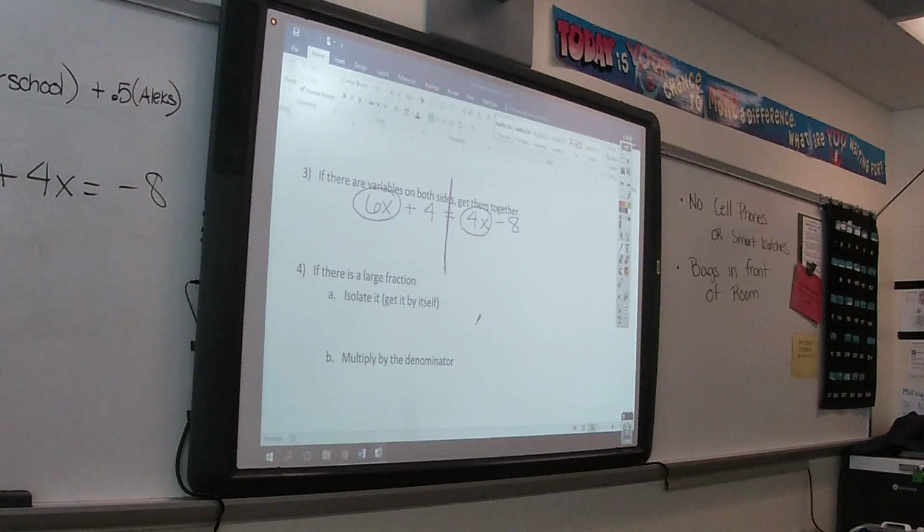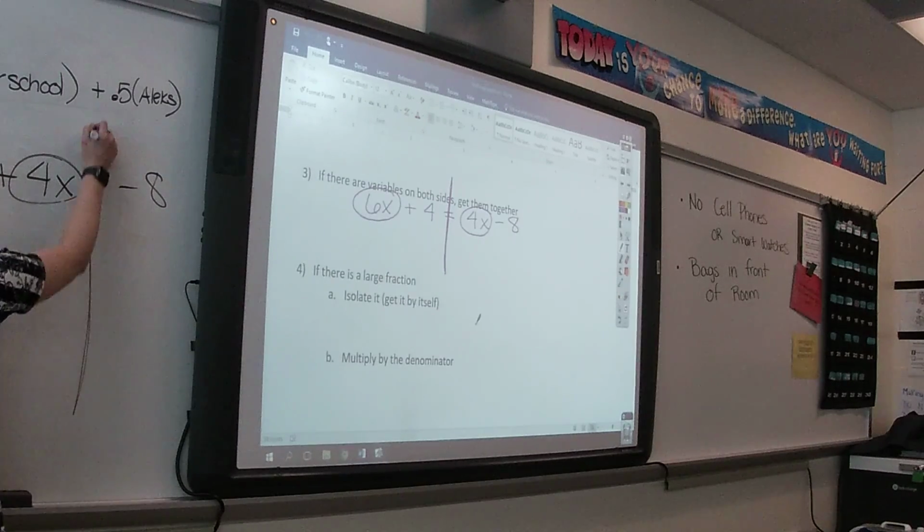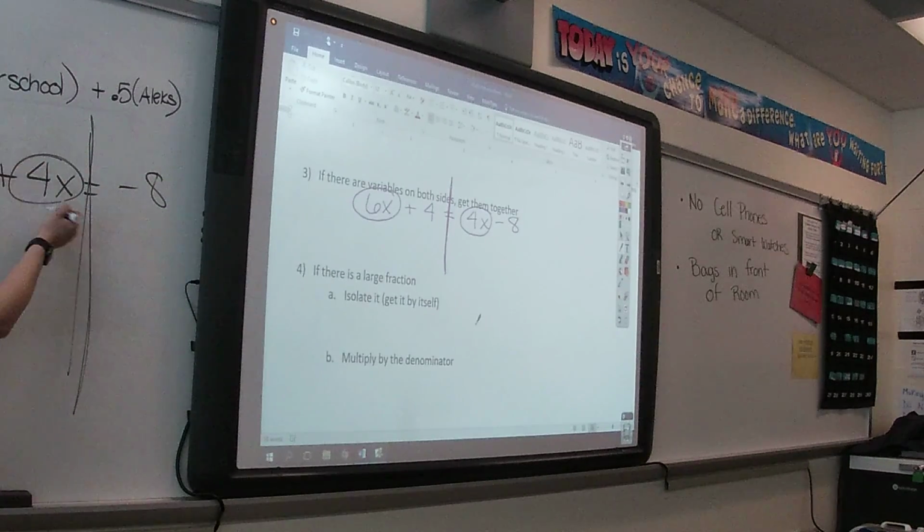You were saying to me, well, Mrs. McKinney, I thought I needed to do the opposite sign here. And my statement to you was, no, these are on the same side of the equal sign. These are both on the left. And when they're on the same side, we get them together with the same sign.